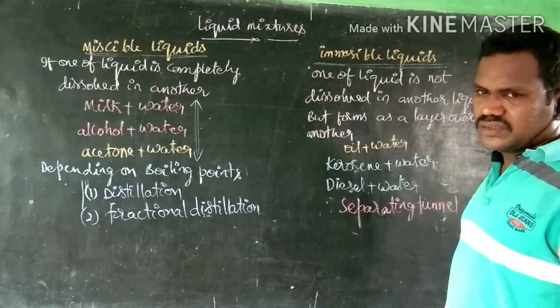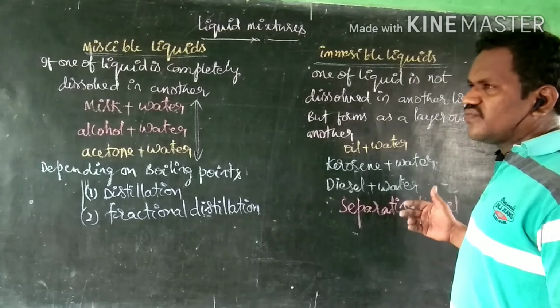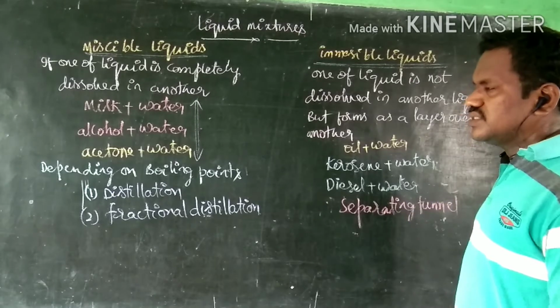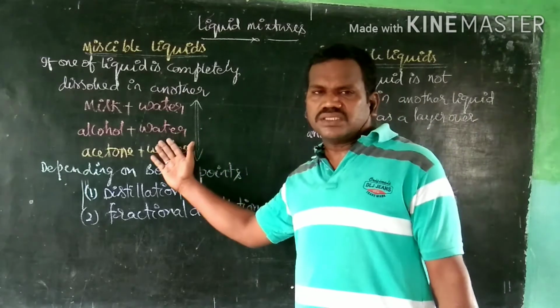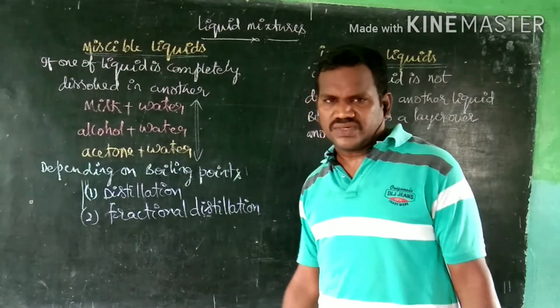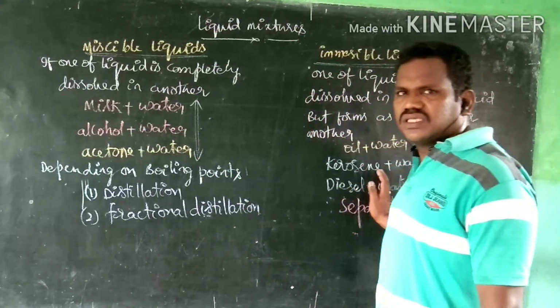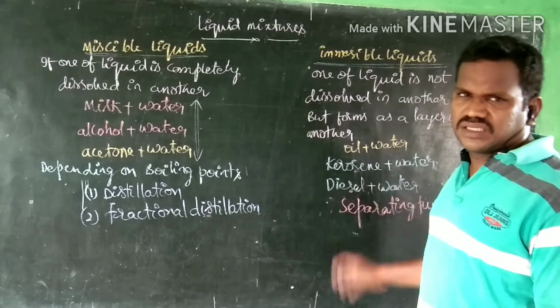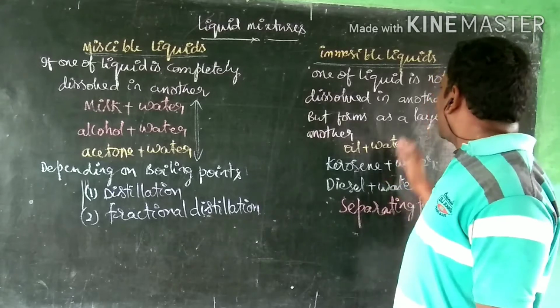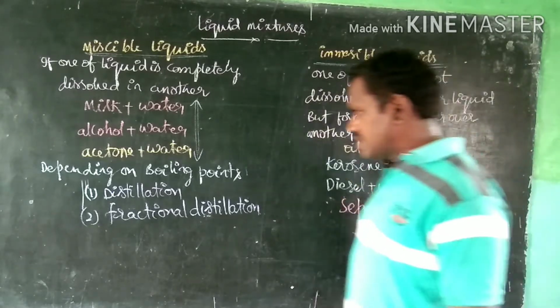So then what happens? Because of the difference in the densities, they form a layer. Here there is not much difference in the densities of the liquids. Here there is a difference in the density of the liquids. Because of the difference in density, they form layers over one another.